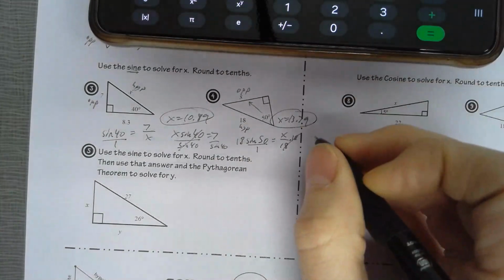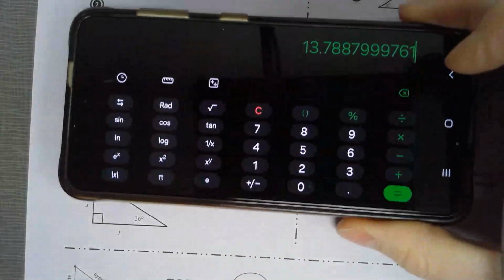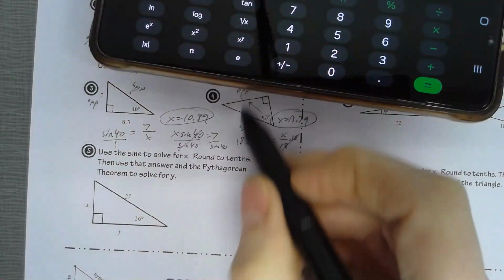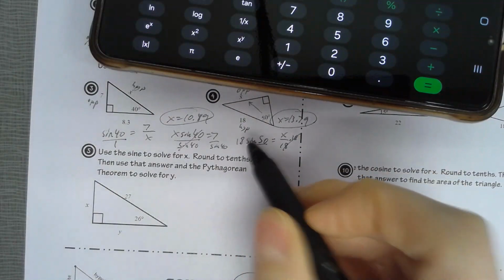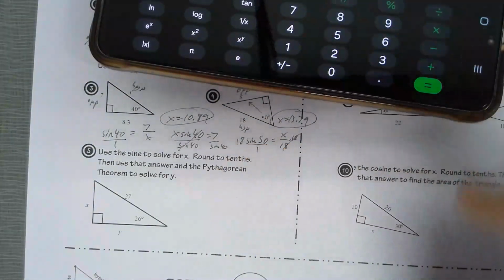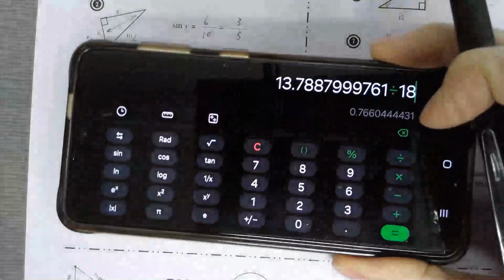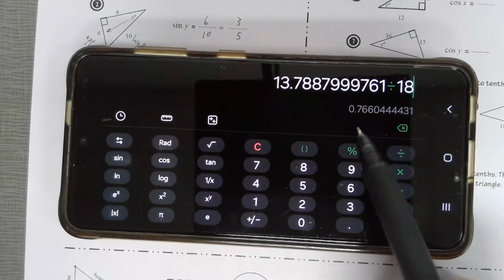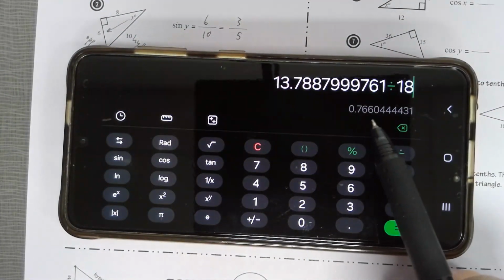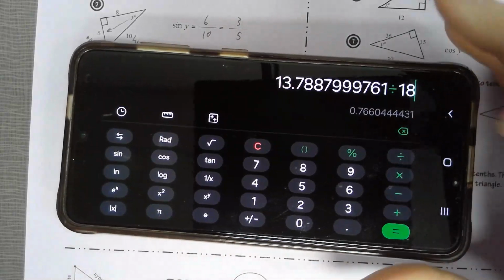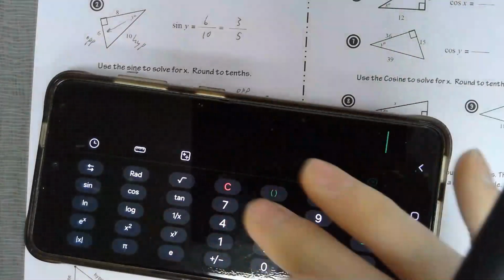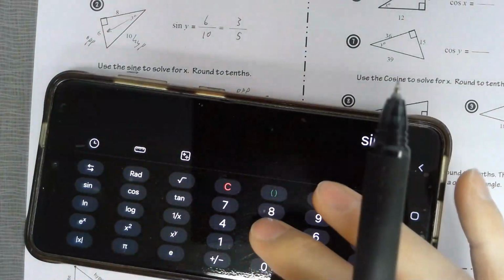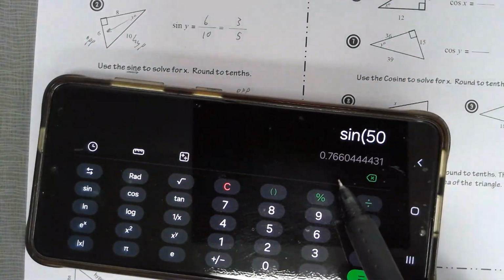Now if I want to see, does this answer make sense? If I divide 13.79 by the hypotenuse, so opposite divided by hypotenuse, 13.79 divided by 18, I get 0.766, and if I type in the sine of 50, I also get that 0.766.